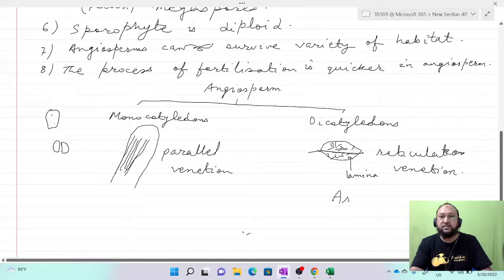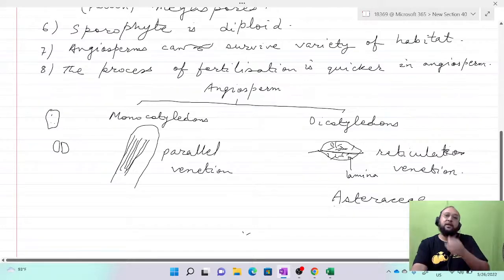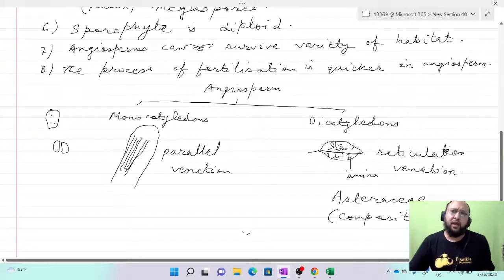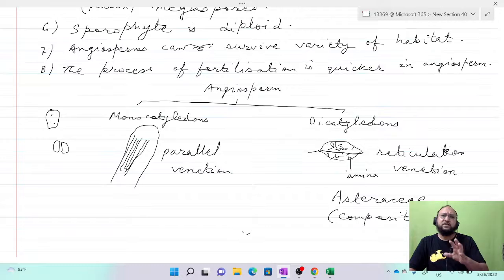Asteraceae. Earlier it used to be called Compositae. There are so many other families like Lamiaceae and Brassicaceae.